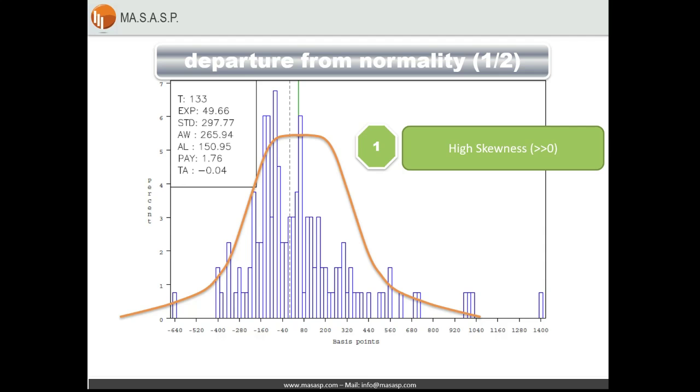The distribution is not symmetrical in that it expands to either the right-hand side or to the left-hand side. Whether it does to the right or to the left depends on the trade construct exit strategy. Here, it expands to the right-hand side. This lack of symmetry is referred to as skewness.